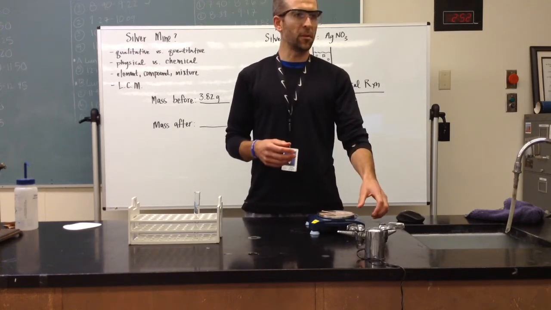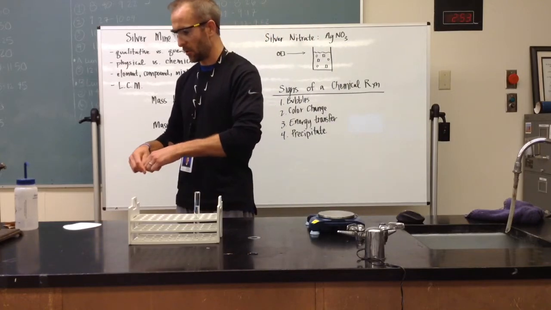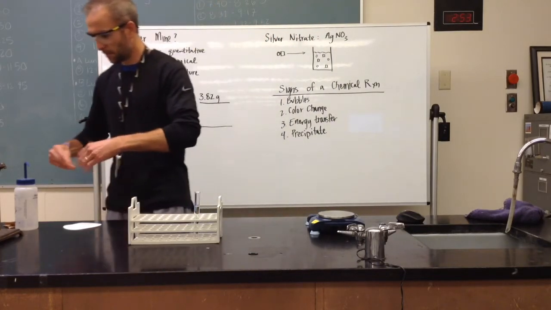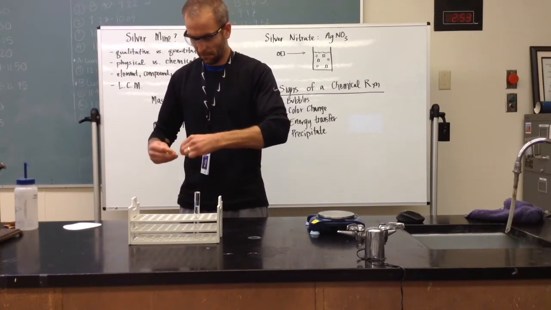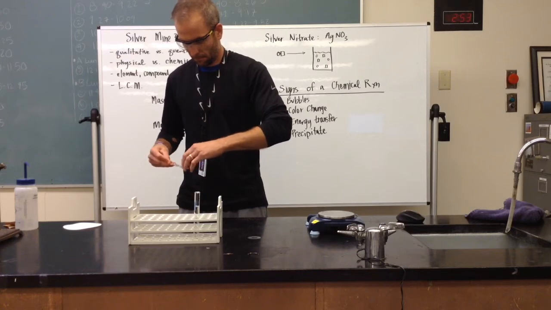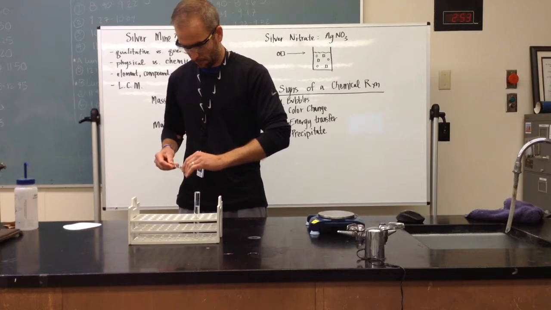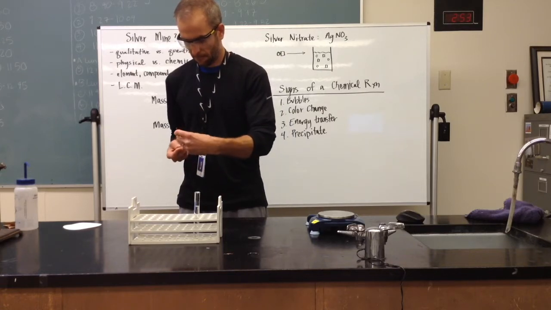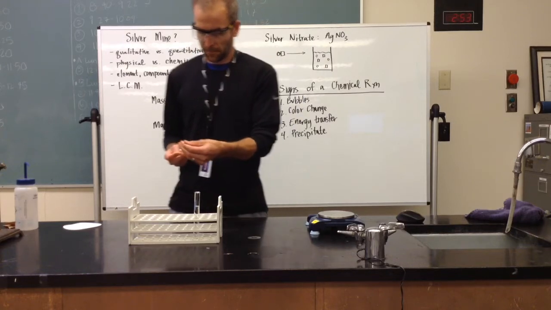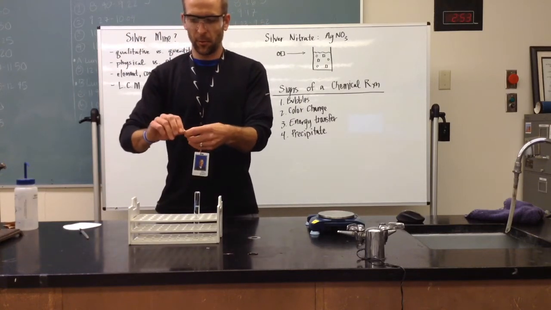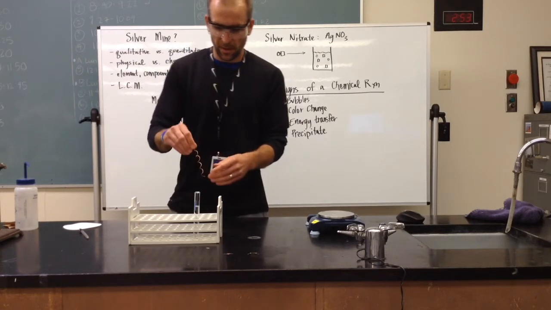And then I'm going to bend my copper wire so I get some nice little curly cues in it here. At the very end of it, I'm going to put a little hook over the top so it can hang on the rim of my test tube.